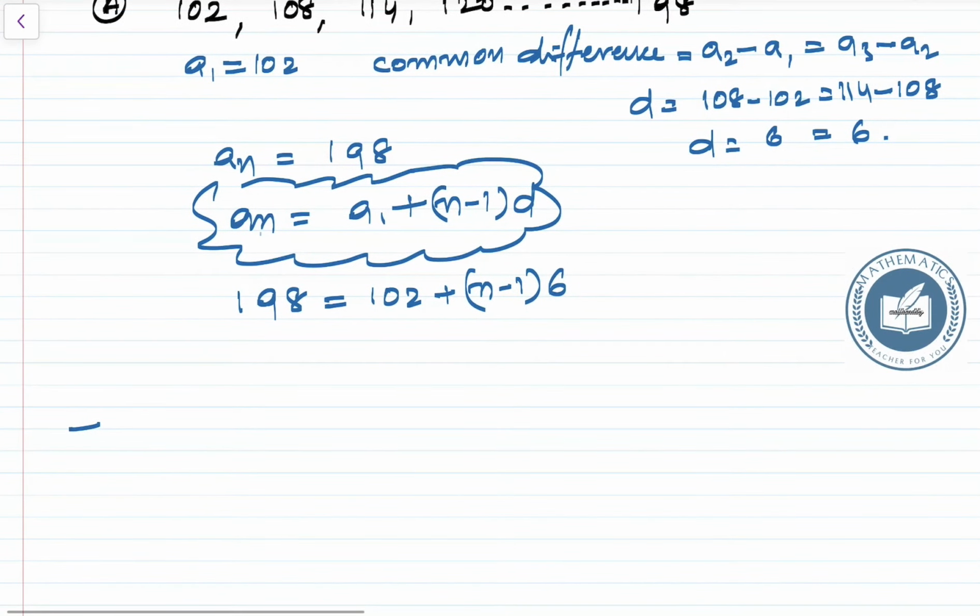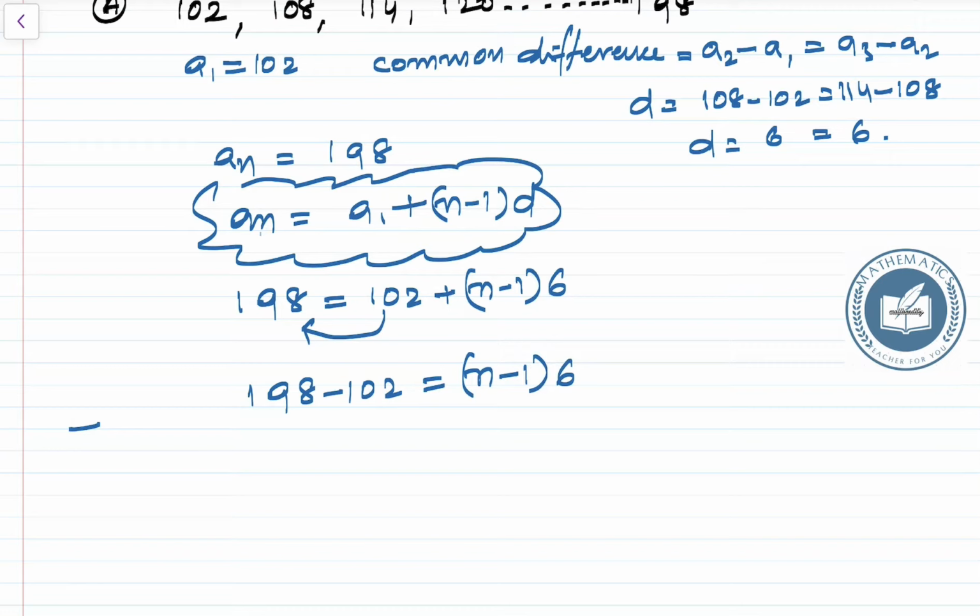First we have to transpose this 102 to this side. 198 minus 102 equals (n minus 1) times 6. So 198 minus 102, subtracting, gives 96, equal to (n minus 1) times 6.